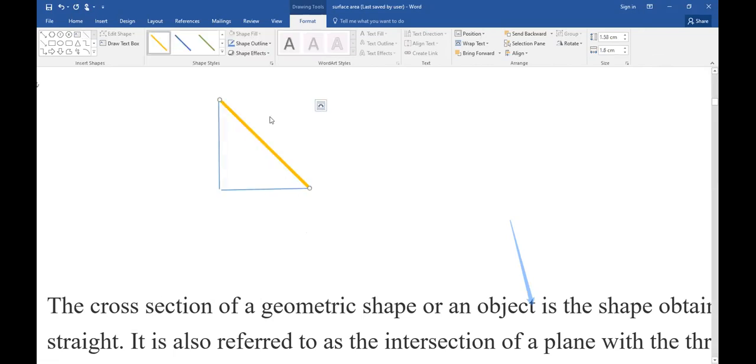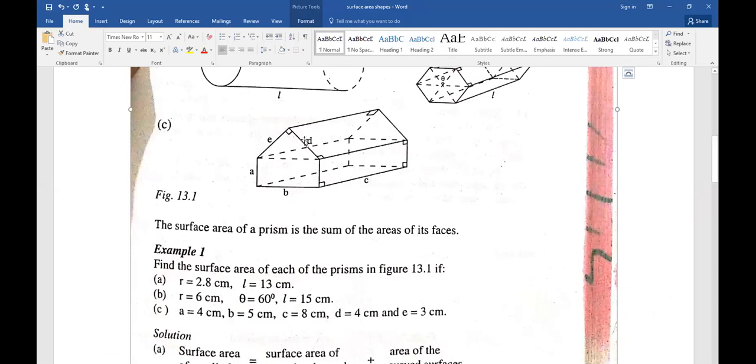Now this side that I've highlighted in yellow is the longest side in a right angled triangle. It's called the hypotenuse. As you can see in this shape, we are only considering E and D. So I'm going to put the measurements: E we have been told is 3 and D is 4. So that is the one I'm interested in, 3 and 4.